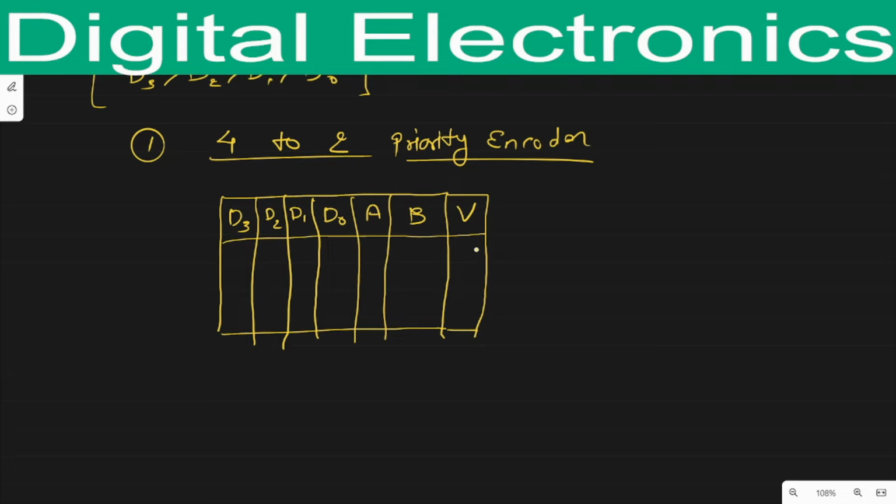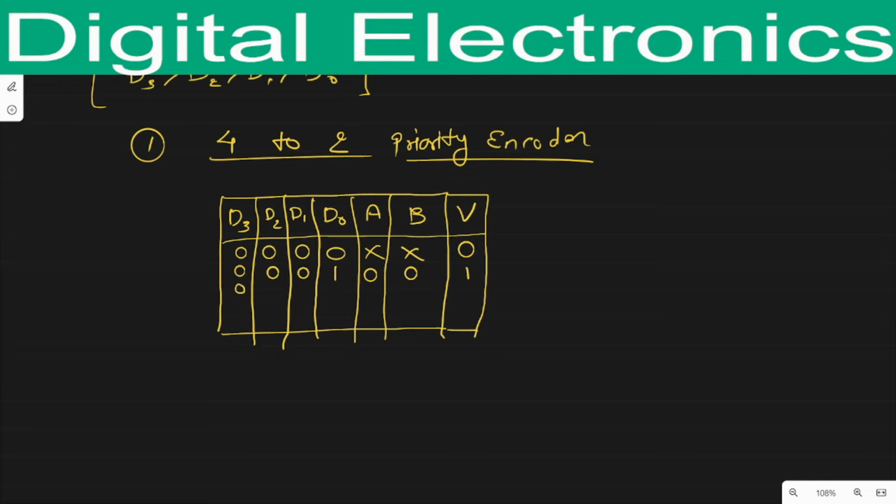Now how does this truth table work? When all inputs are 0, the priority of all inputs is 0, so no input is possible. At that time the validity will be 0. In the second case, when the input is 0 0 0 1, because D0 is 1, the encoder will provide the zeroth binary form on the output side and it is valid.